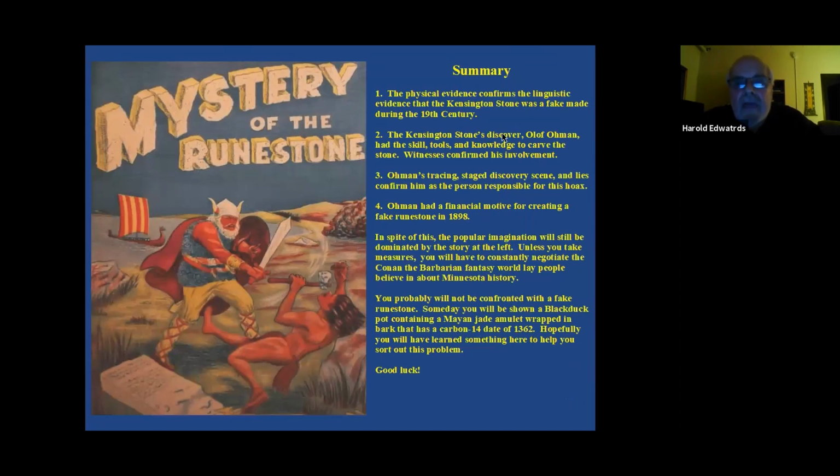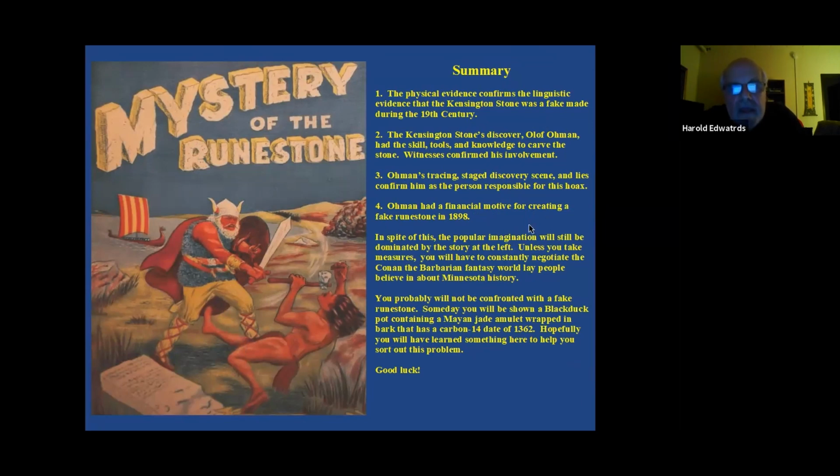Okay, to summarize, the physical evidence confirms the linguistic evidence about the stone, that it was a fake made during the 19th century. The discovery, Olaf Ullman had the skill, the tools, and the knowledge to carve this stone, and we have witnesses that confirmed his involvement.